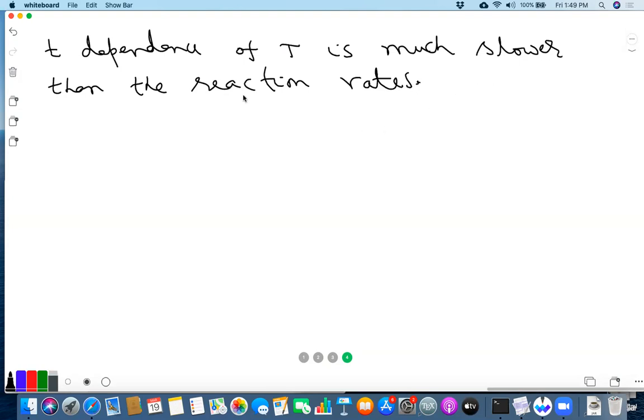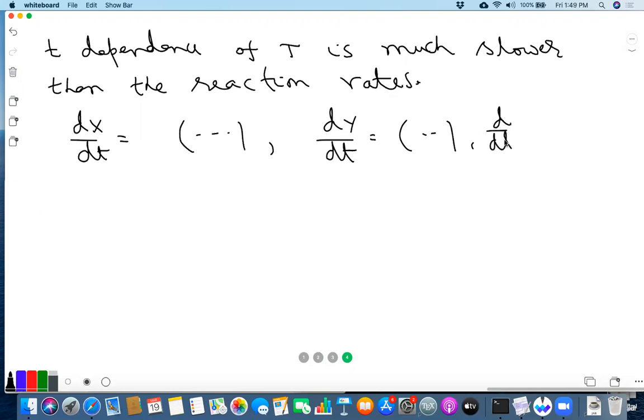That's why this is still an approximate solution to those equations. I can put it in another way. Let me write it this way. Suppose you write dx dt equal to something and dy dt equal to something. I'm just writing this third equation also, although it's not independent.